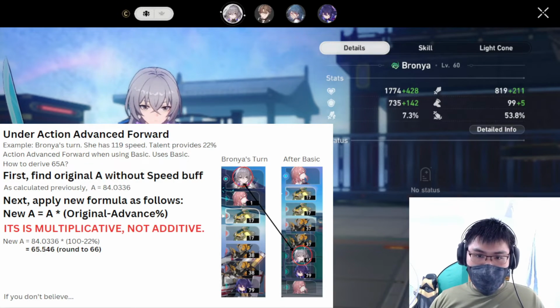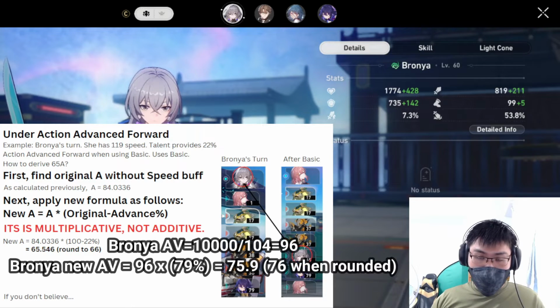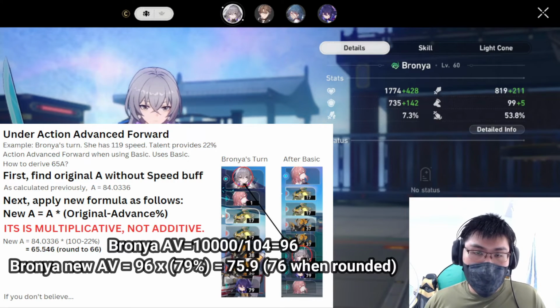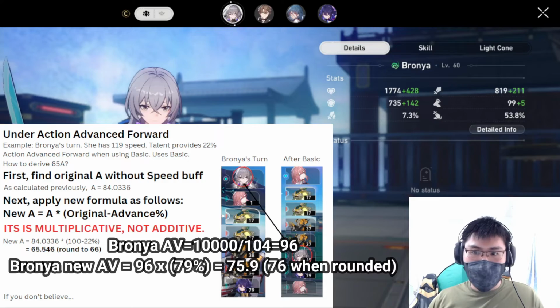For Bronya's case, it will be 79%, because 100 minus 21% is 79%. Her original action value, based on her speed of 104, is around 96, 97, right? Multiplied by that, the new action value should be around 75, 76, 77.